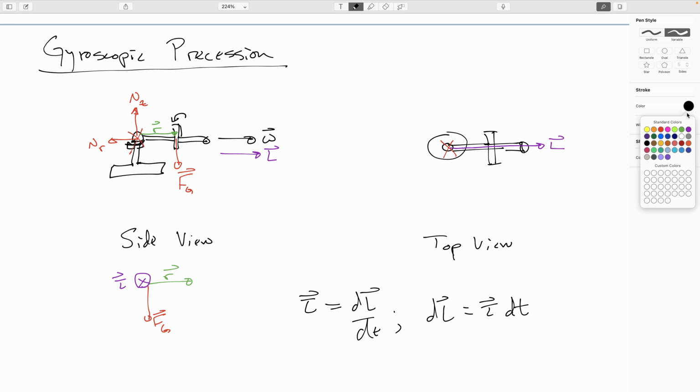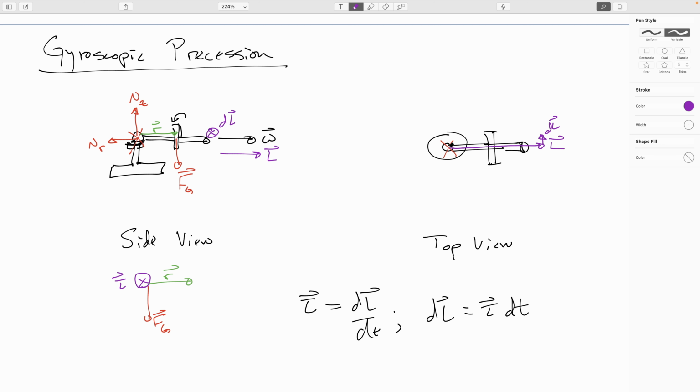But now, here's the thing. If the torque is going in here, the change in the angular momentum will have to point in this view. It'll point into the screen. And in this top view here, it will be perpendicular.